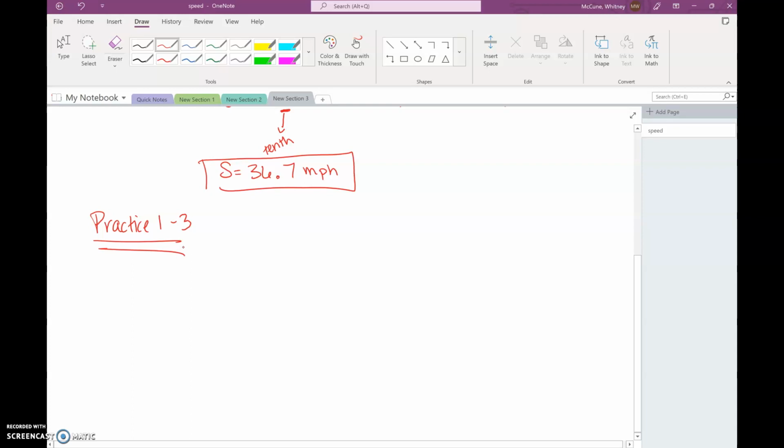If you do not get the correct answer, then you need to make sure that you're asking questions, working with people at your table. And when you are finished with that, once there are no more questions about practice problems numbers 1, 2, and 3, then you're going to come back and go over another example with me, example number 2. All right? So pause the video and complete practice problems 1, 2, and 3 that are in the slides.